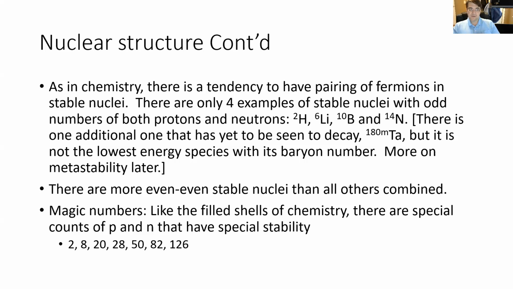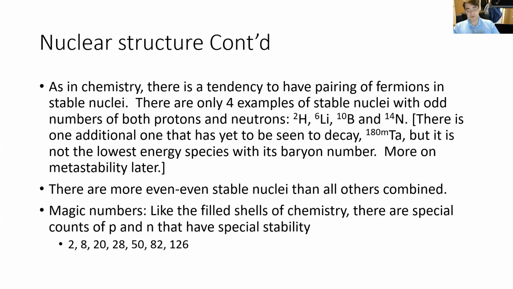The last thing in terms of nuclear structure: you have filled shells in chemistry, the alkali and noble gas structures. You also have filled shells in nuclei, and those have special stability.